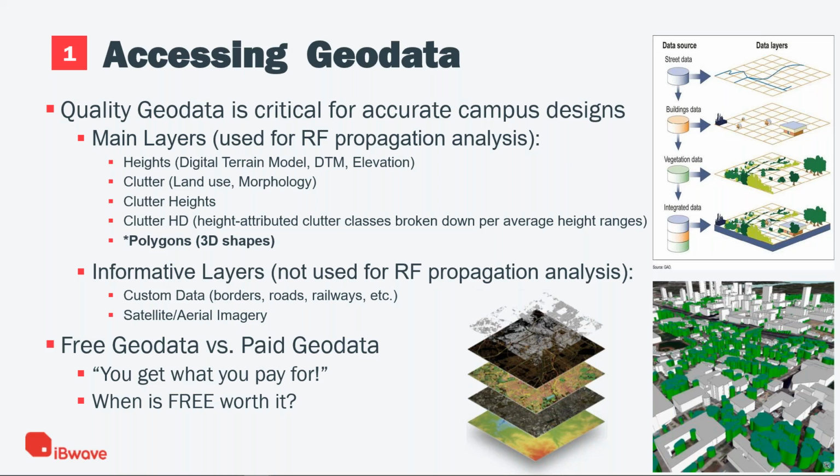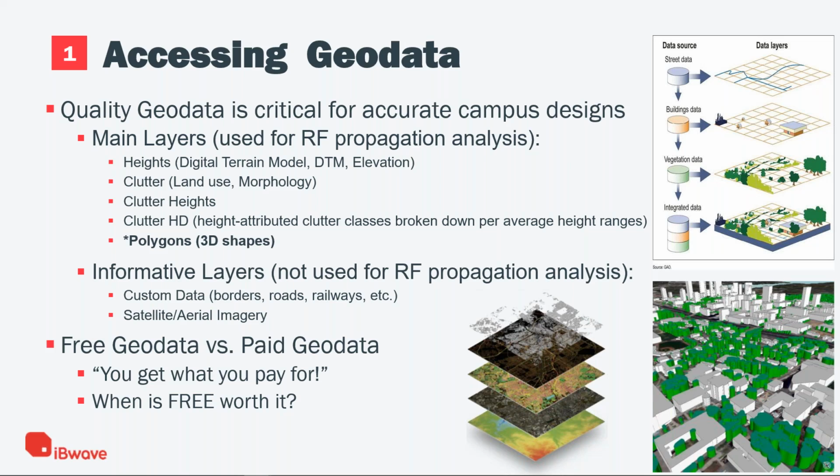But thankfully, when you're talking about a campus, you're only looking at a couple of square kilometers, or at the most 5 square kilometers for your campus. And those are bite-sized chunks that are much more affordable and easily digestible, not so expensive as it would be to have geodata for the entire country or state.